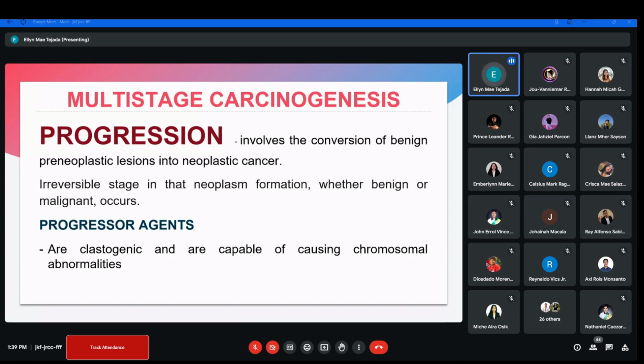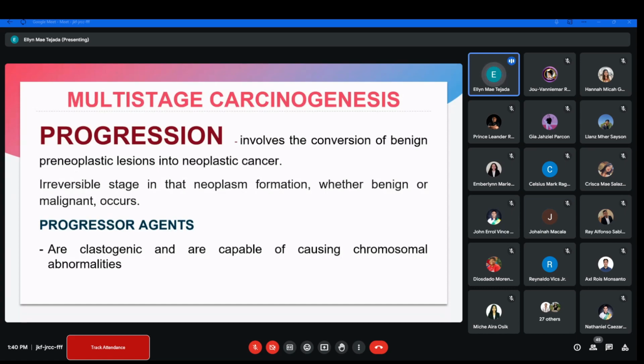And your nucleus is the biggest organelle of your cell. So ideally, your cell is going to be really affected. And again, since your progressor agents are clastogenic, which breaks chromosomes, these are also capable of causing chromosomal abnormalities.